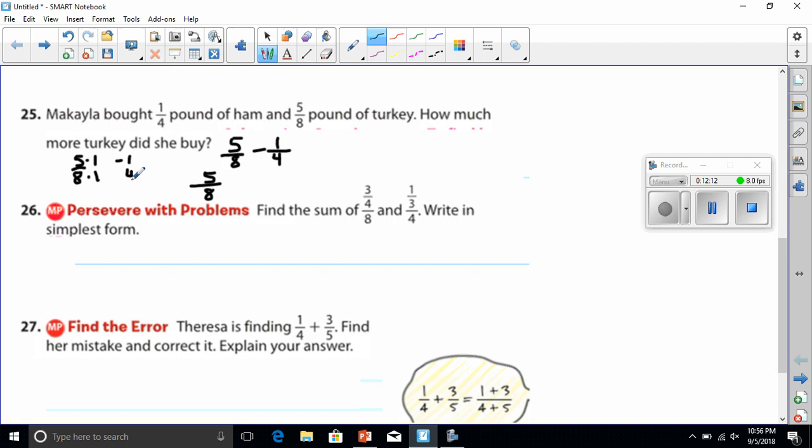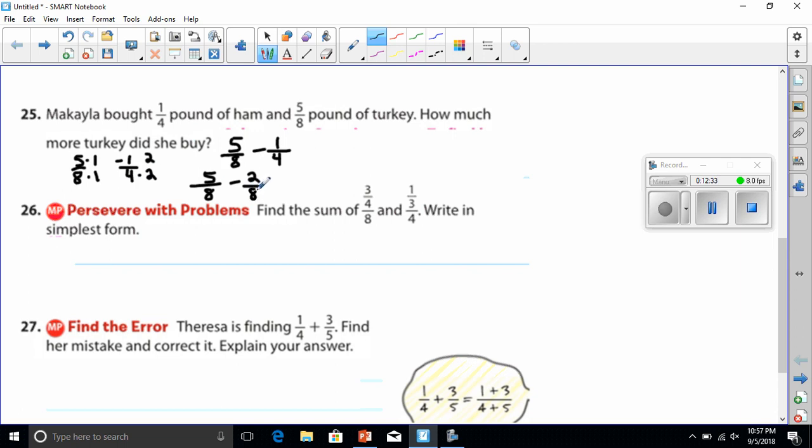In order to make the denominator 8, I have to multiply by 2. But whatever I multiply on the bottom by 2, I multiply on the top by 2. Negative 1 times 2 is negative 2, and 4 times 2 is 8.